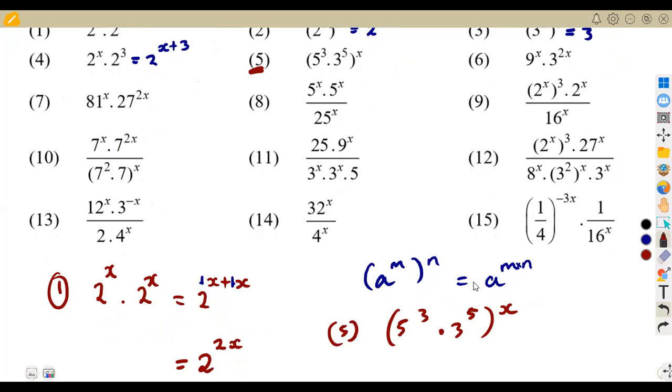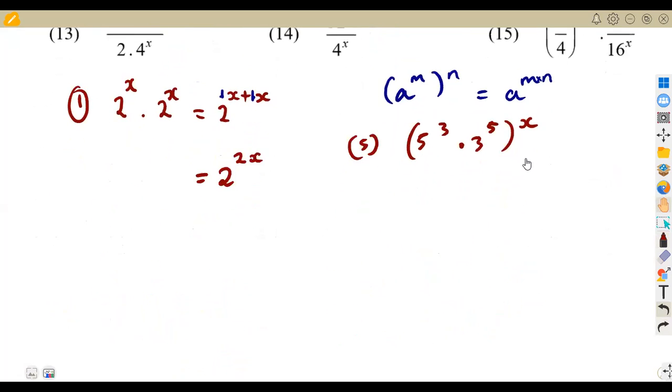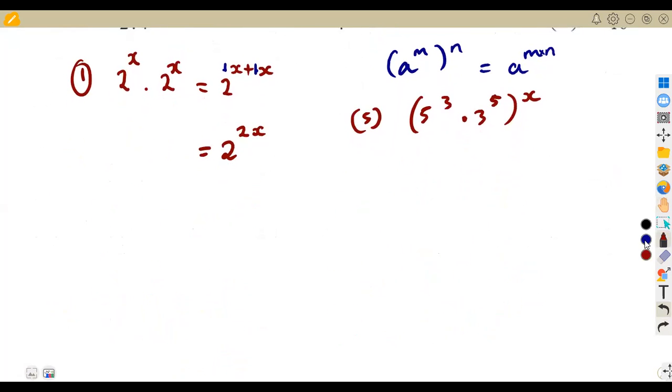Our situation is not going to change because these two terms are multiplying. But remember this time, this must be raised to the exponent of x, and this must also be raised to the exponent of x.